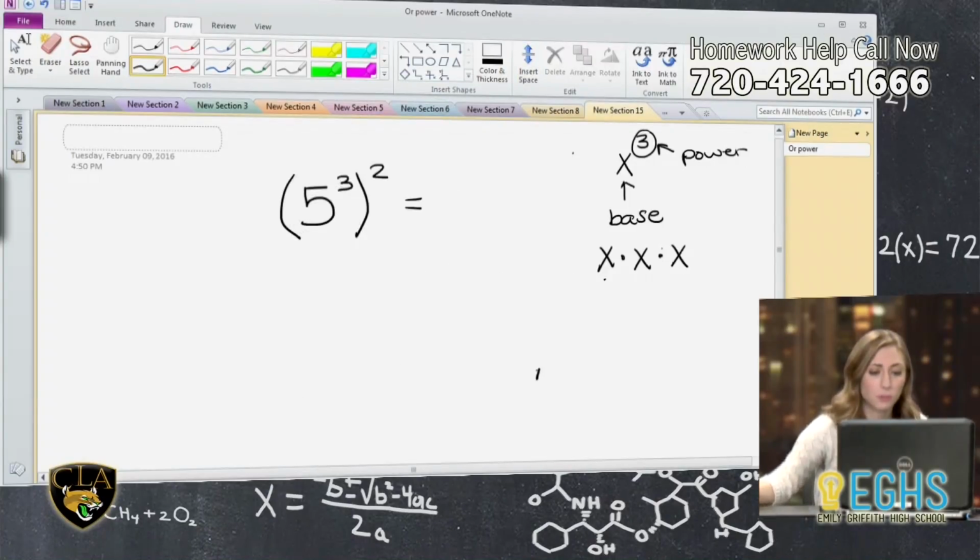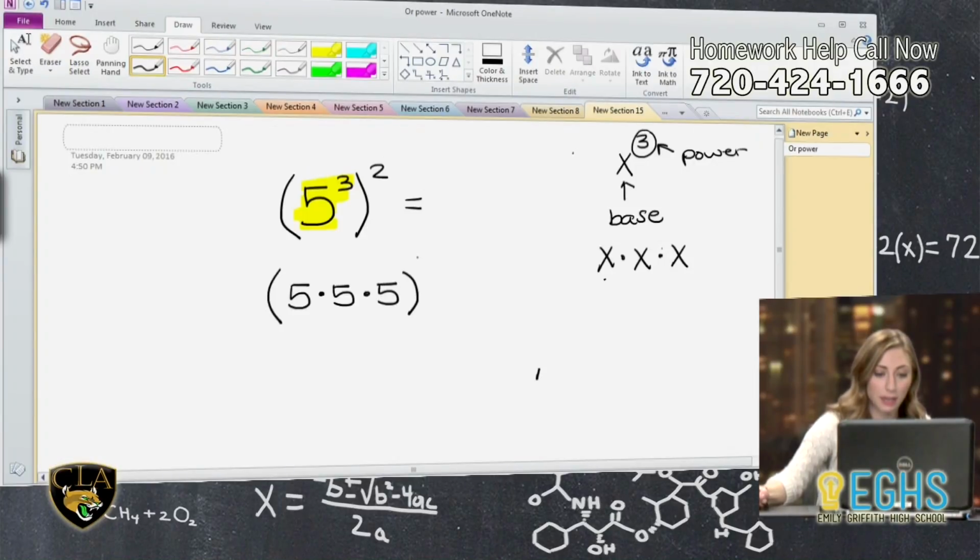So I'll start by expanding this 5 to the 3rd power. Essentially what that means is 5 times 5 times 5. And I'm going to put that 2nd power still on there because I didn't do anything with that yet. So 5 to the 3rd power is turning into 5 times 5 times 5.